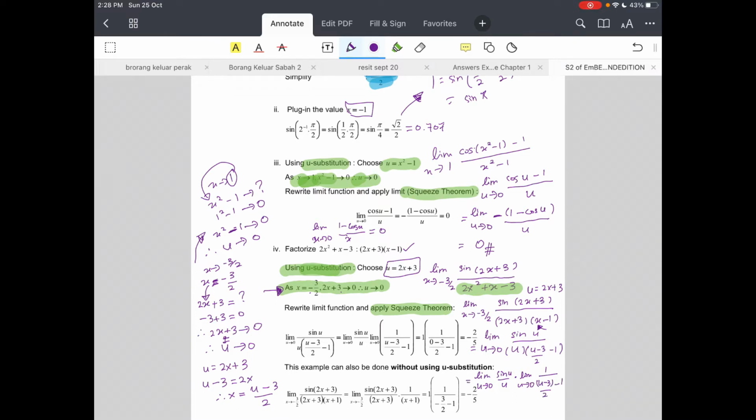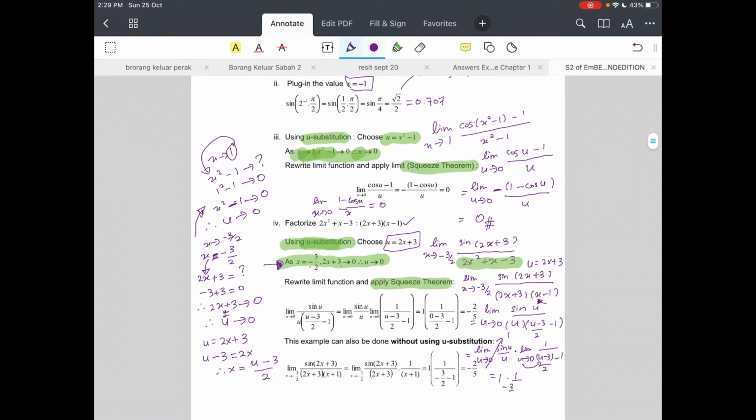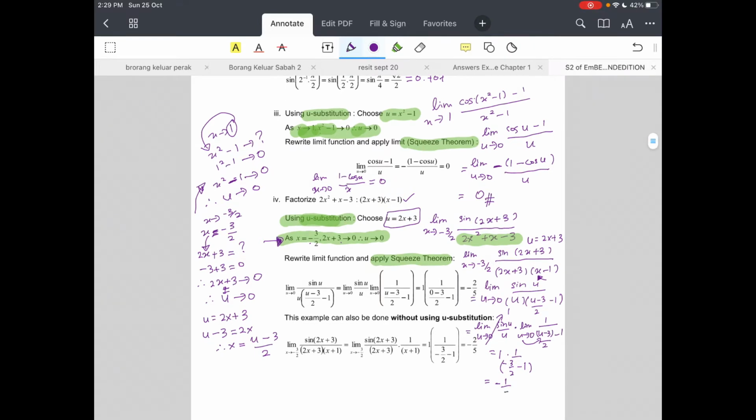This one is the Squeeze theorem, it is equal to 1. So 1 times, you can just plug in 0 here, and what's left is 1 over minus 3 over 2 minus 1. If you carefully solve this, you will get minus 1 over 5 over 2.